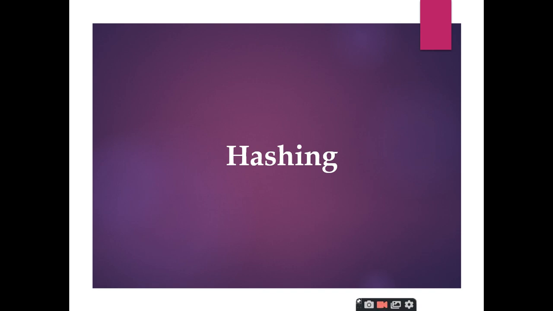We'll discuss the hash table, why we use it, and what the requirements for the hash table are. And then we will go through one important topic. If a question is asked in this hashing topic, one definite question is collision resolution techniques. Very, very important.